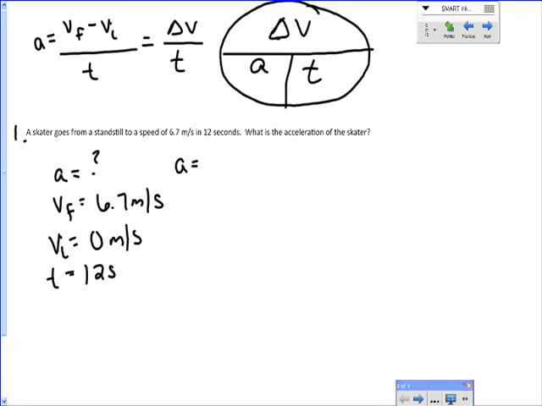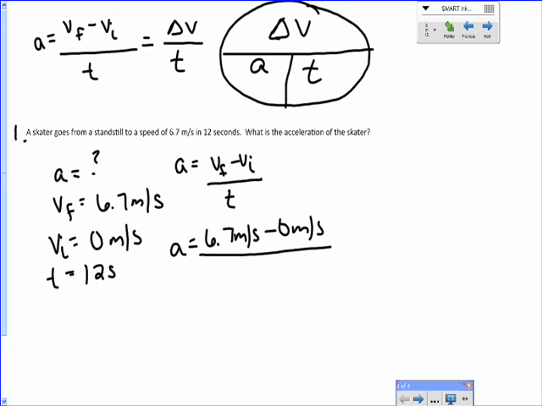Now, let's write our formula in letters. Remember, you need to do all of these steps because this really helps you not make as many mistakes. And then once you write your equation in letters, you can fill the numbers in: 6.7 meters per second minus 0 meters per second, because that was final minus initial velocity, divided by 12 seconds.